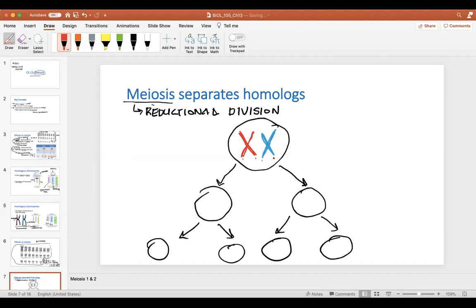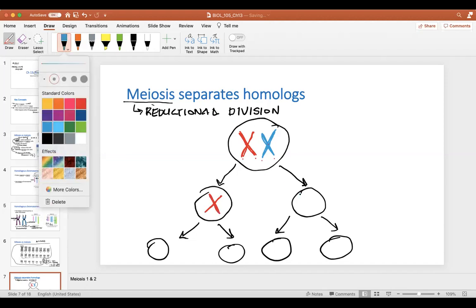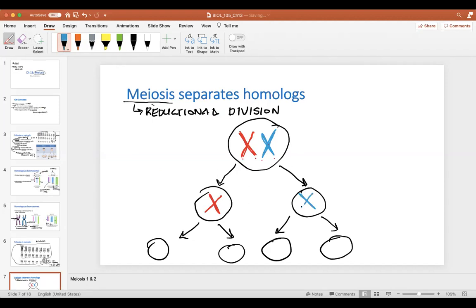So what meiosis does is it separates homologs. In this example, the maternal chromosome gets separated in the first round of division from the paternal chromosome here. Okay, and remember that this is actually 2 copies of the same DNA, and this is 2 copies of the same DNA.